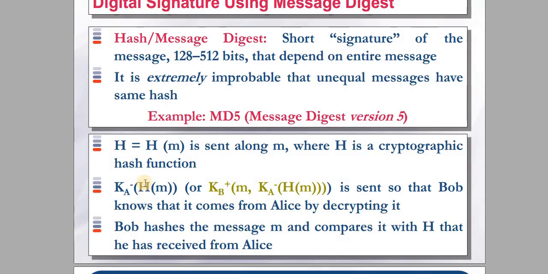The hashing algorithm or hashing function is known by both. So he hashes the message M independently and compares it with H that he has received from Alice, which is the hash value of the message she sent him, signing it with her private key. If they match, then he becomes sure that the message was really sent and signed by Alice.